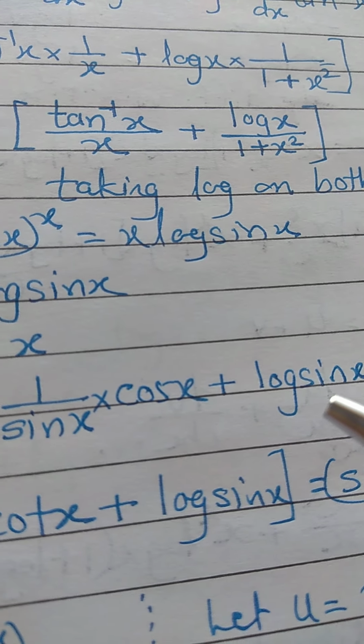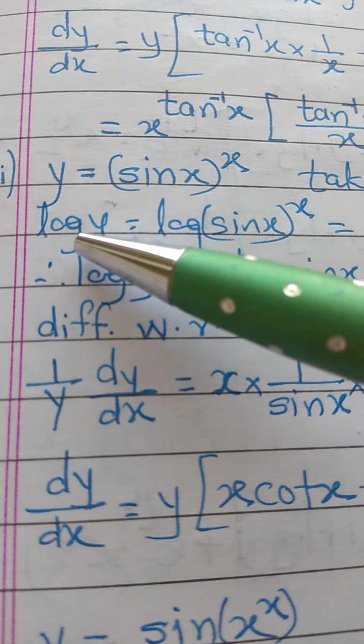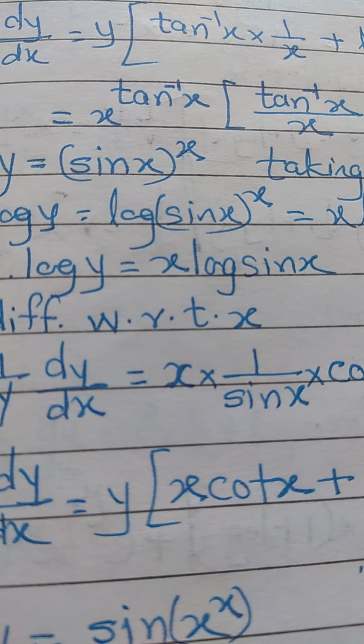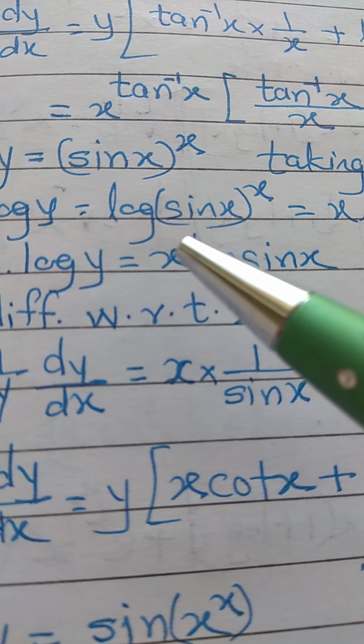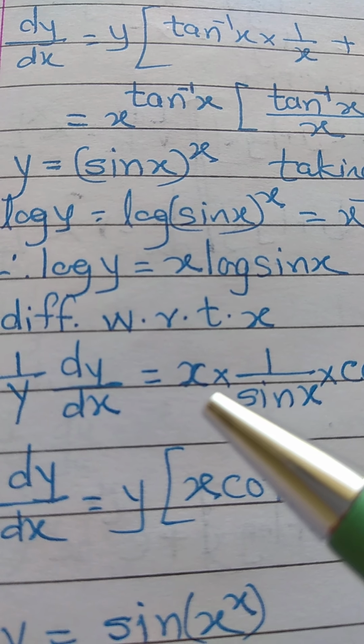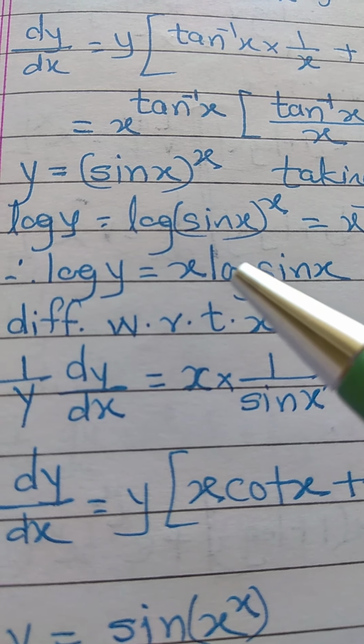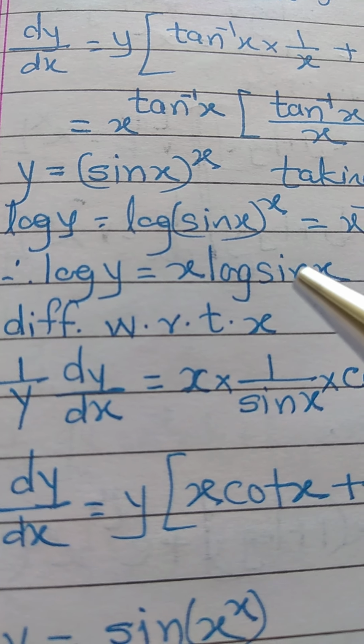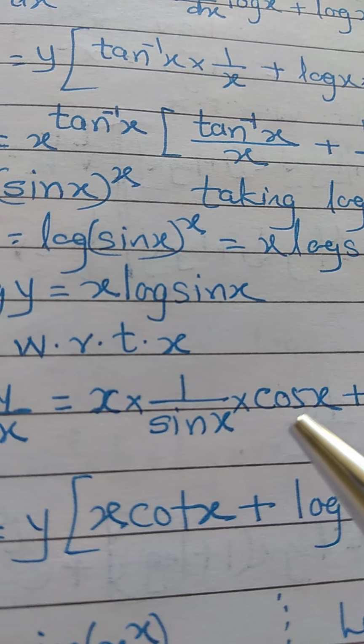Now differentiating with respect to x, derivative of log of y will be 1 upon y dy by dx. This first function x will be as it is. Second function log of sin x, derivative of that is 1 upon sin x into derivative of this sin x is cos of x.